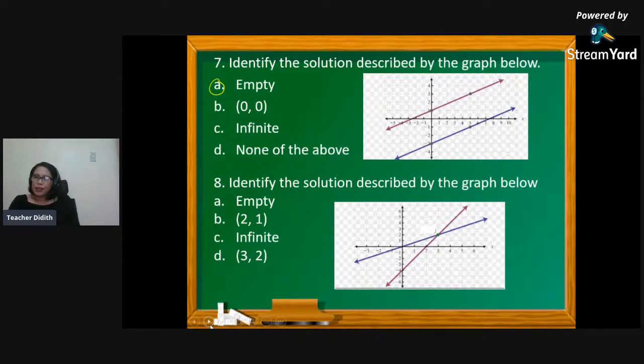That is correct. So the two lines intersect and we describe the graph as consistent and dependent. And with that kind of system, we have one solution, which is actually the point of intersection. And the two lines intersect at point (3, 2). Therefore, the answer is letter D as in dog. Very good.